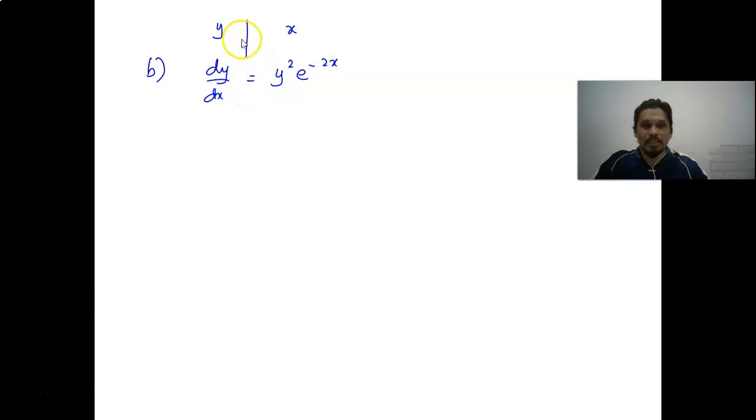We separate them, so here is the house of y and here is the house of x. We bring this y squared to the other side. It is now 1 over y squared dy equals e to the power of negative 2x dx.